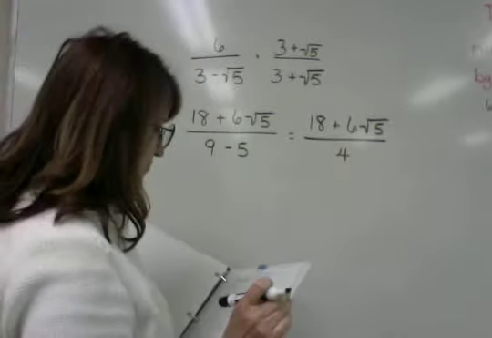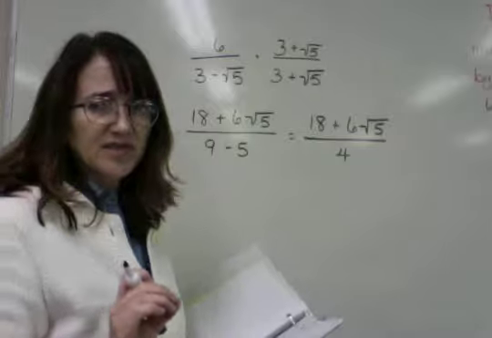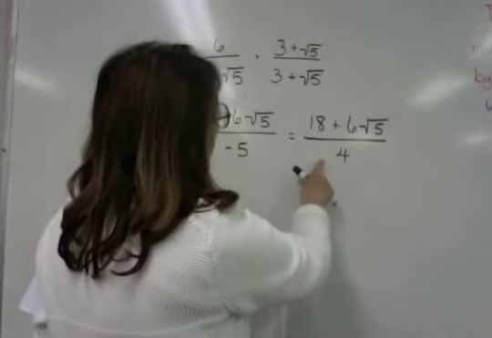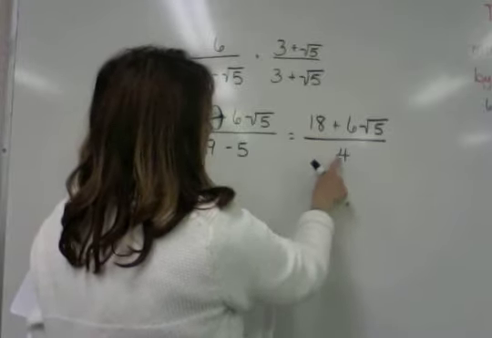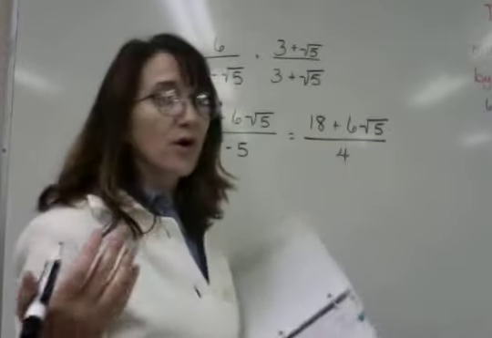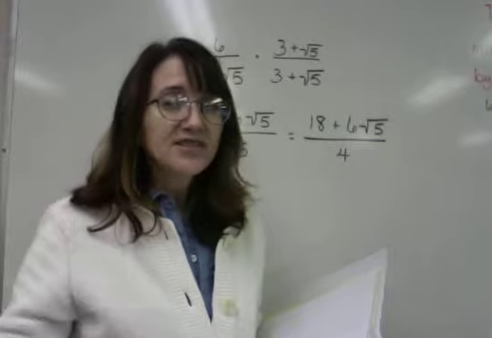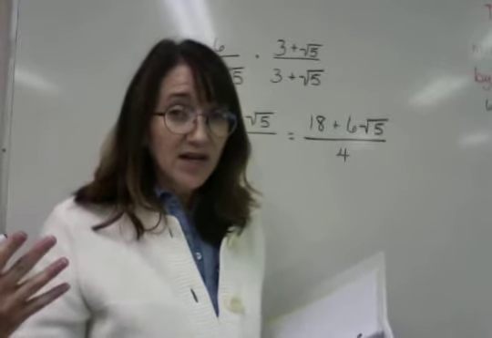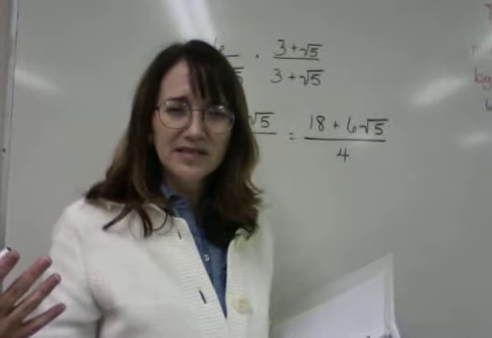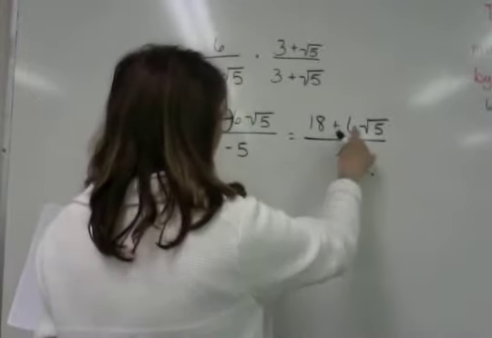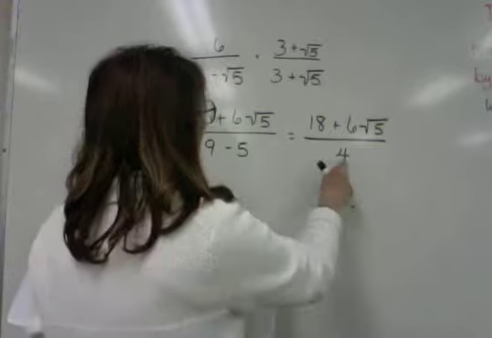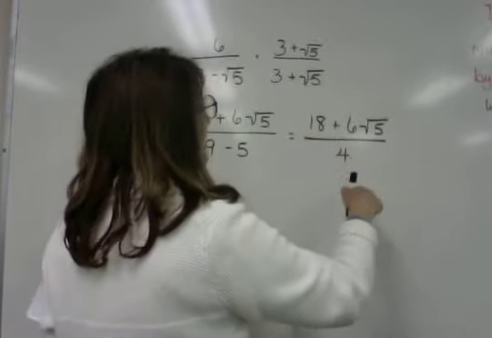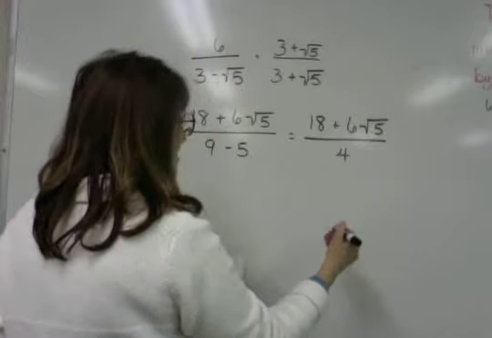I am still really not finished with this because this isn't in the simplest of terms, as you can see. So basically, this number, this number, this number, they're all even. So I need to go ahead and break all of those down by an even number to make it smaller. 4 is not going to divide into 6, 4 is not going to divide into 18, so I'm basically going to reduce the 4, the 18, and the 6 by dividing all of those by 2.